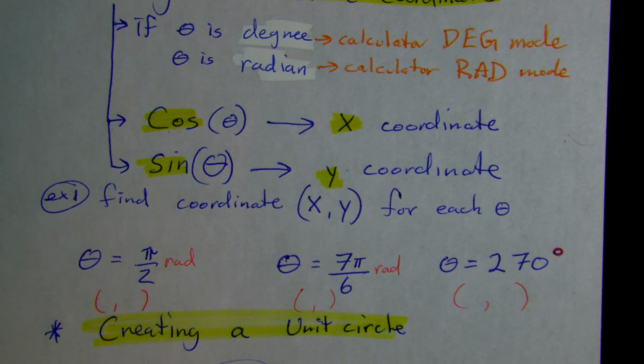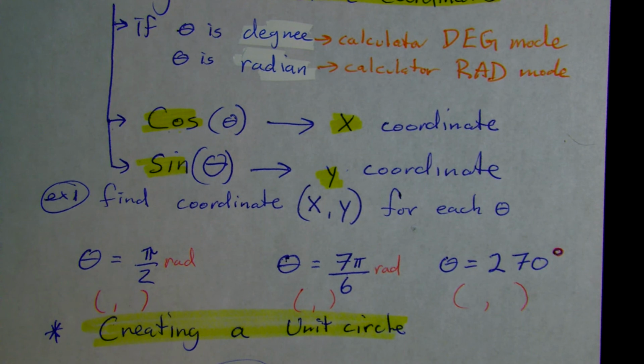I do pi divided by 2, and then I push cosine. If it's like 0.9999999, you're going to round it to 1. So play with your calculator a little bit. Sometimes you have to put in the radian measure before you push cosine or before you push sine.